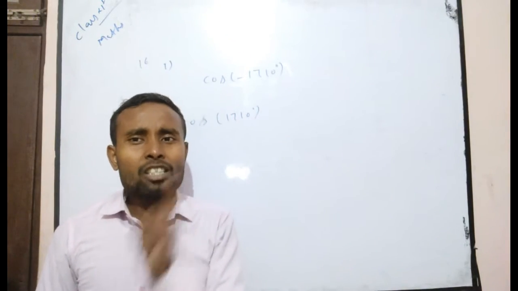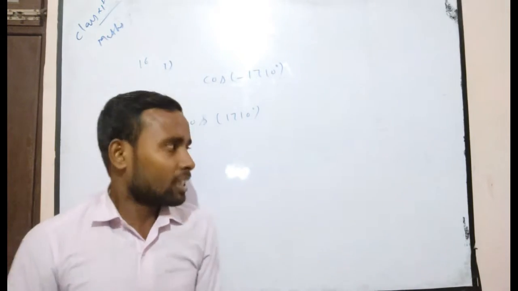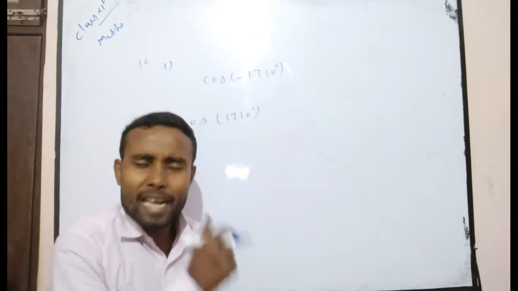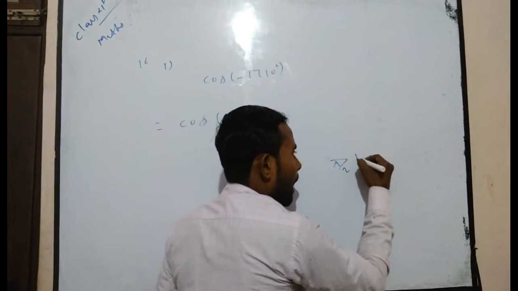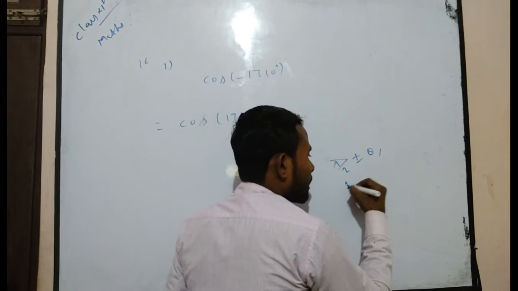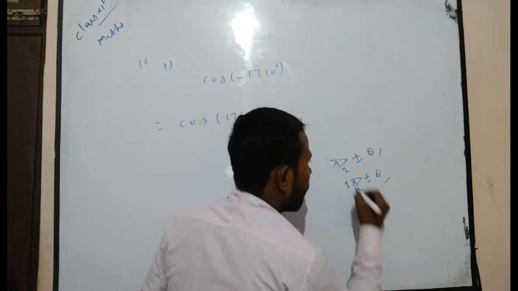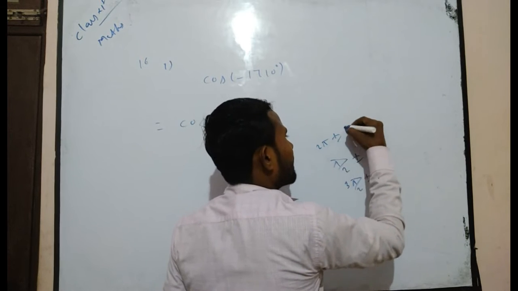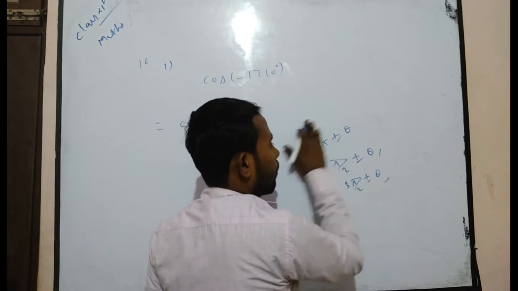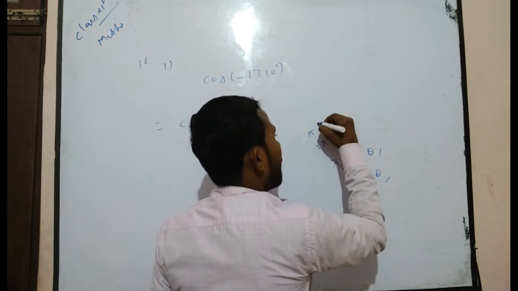If it lies between 0 and 360 degrees, then you have to simplify it by these formulas: pi by 2 plus minus theta, or 3 pi by 2 plus minus theta, or 2 pi plus minus theta, or pi plus minus theta.